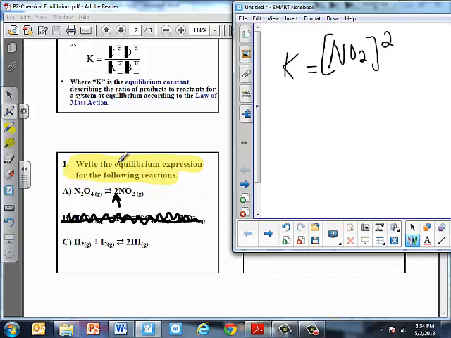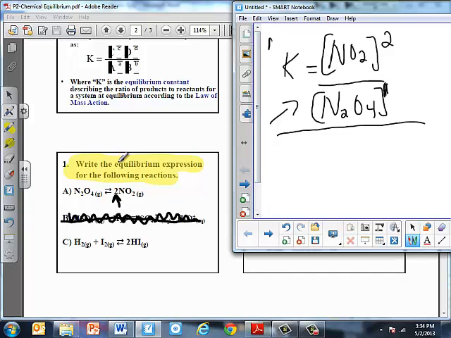So I'm going to have nitrogen dioxide raised to the second power, simply because it has a coefficient, over my dinitrogen tetroxide, which does not have an exponent because it's only to the first power. I could put the 1 there if you always want to put a number. That's the whole thing. That's the equilibrium expression right there.